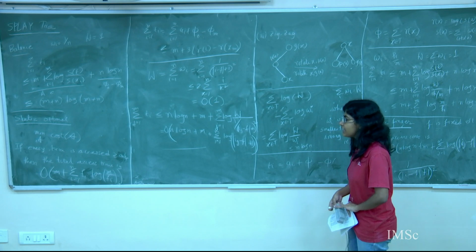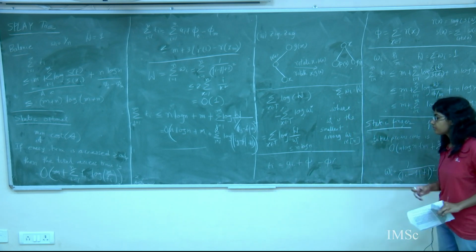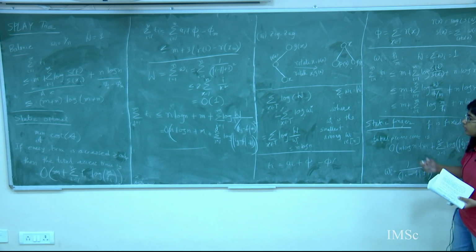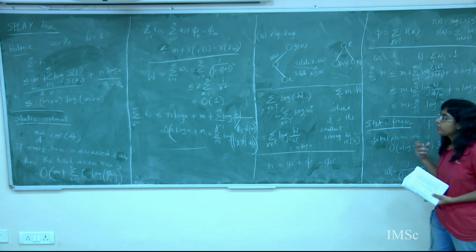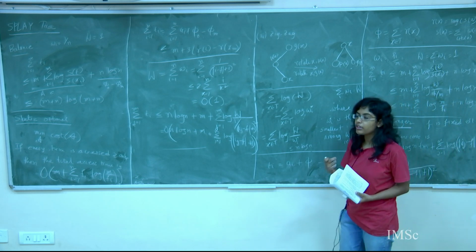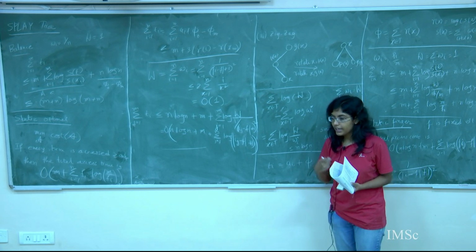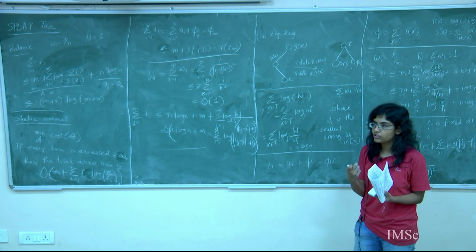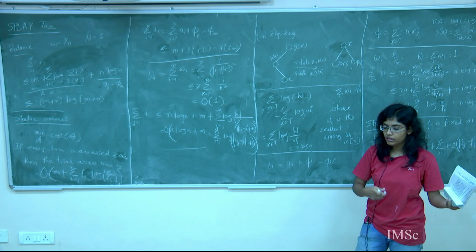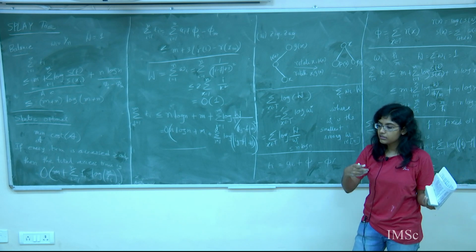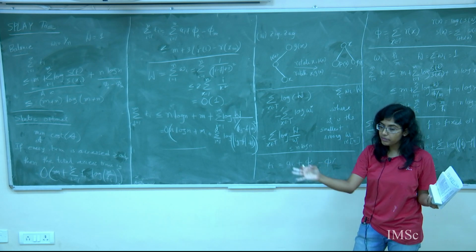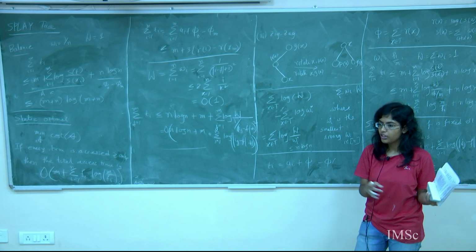So the next thing is also in that same theme. If the elements I am accessing, say I am accessing 5 right now, and the next time I access 5, there have not been many elements accessed in between.